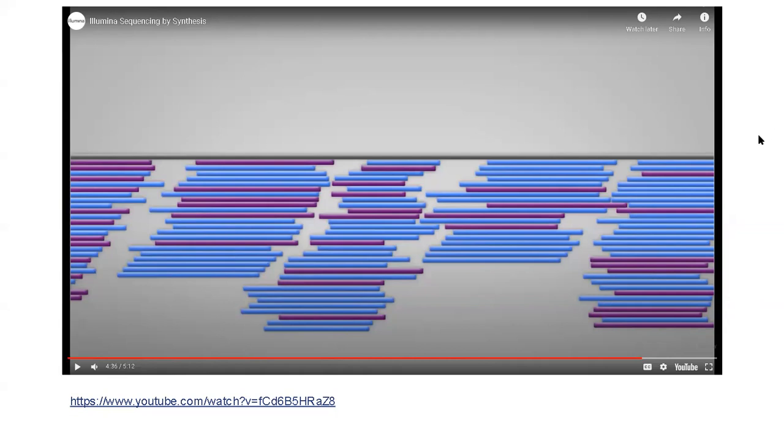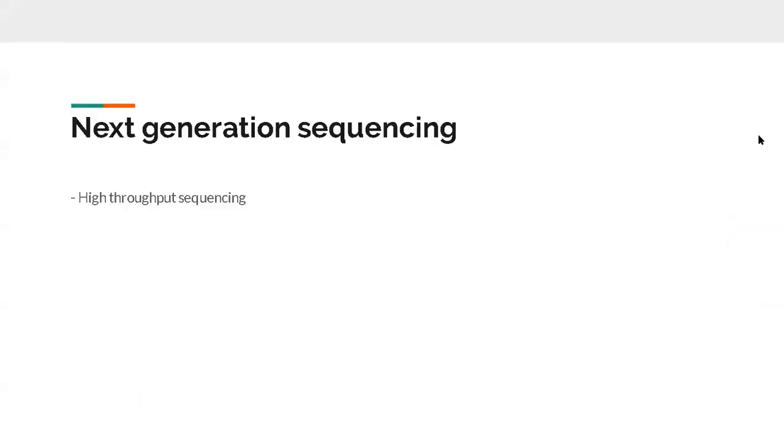So that's how the whole sequencing happens. Because of this, it's massively parallel sequencing. You are now able to amplify a lot of DNA and get a large amount of your initial sample. Not just that, even a large number of samples can be sequenced at the same time.